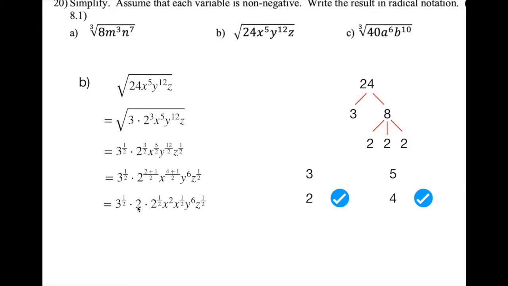So for the 2, it is first raised to the power of 2 over 2, which is 1. So it's just a 2, times 2 raised to the power of a half, times x raised to the power of 4 over 2, which is just x squared. And then x to the power of a half. For the remaining part, we just copy that.